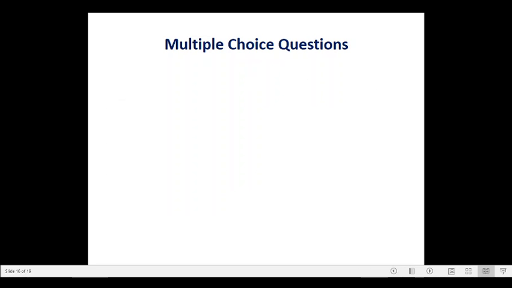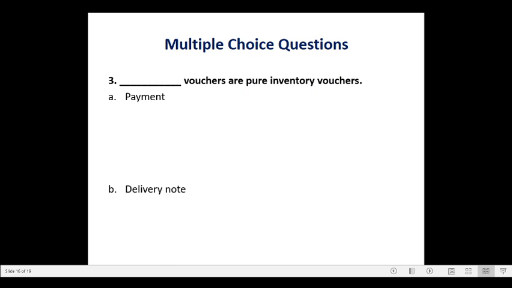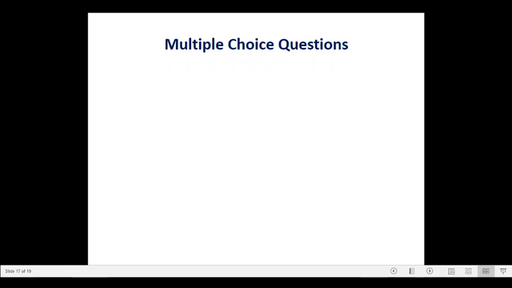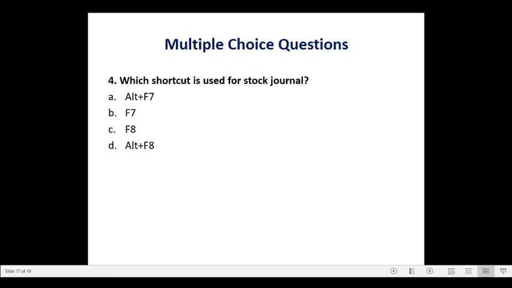Next question. Dash vouchers are pure inventory vouchers. So we have discussed which are all accounting vouchers and which are all inventory vouchers. Let's see. Payment, delivery note, cash paid to creditors, expenses. Yes, answer is delivery note. Next question is, which shortcut is used for stock journal? Let's see. Alt F7, F7, F8, Alt F8.